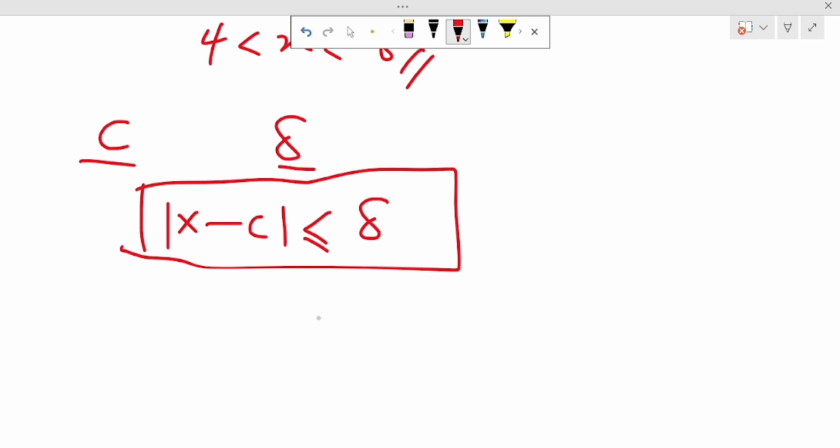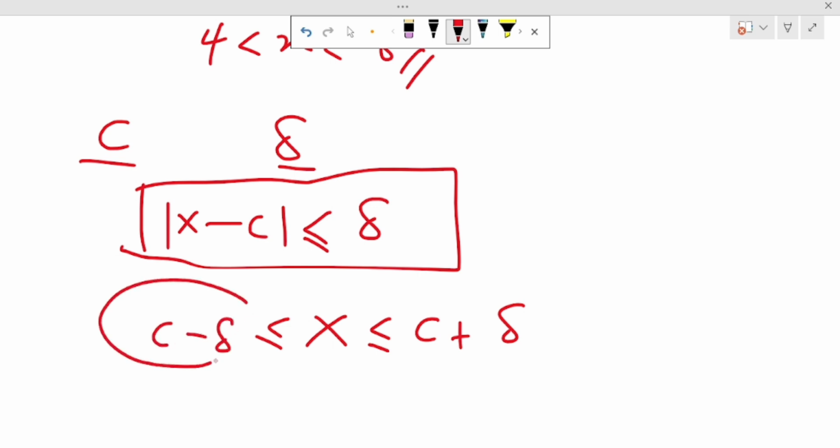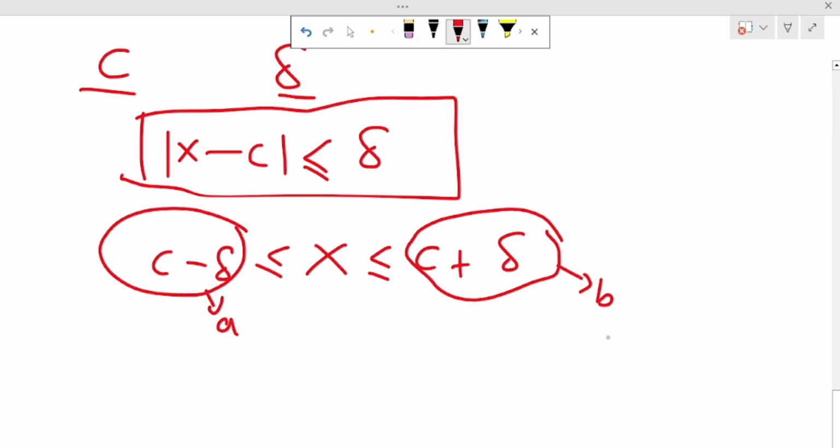Solving this, we get x is less than or equal to c plus the radius, and the lower bound is c minus the radius. This will give us the a, and this will give us the b. So it's this concept that we take to neighborhood of a midpoint.